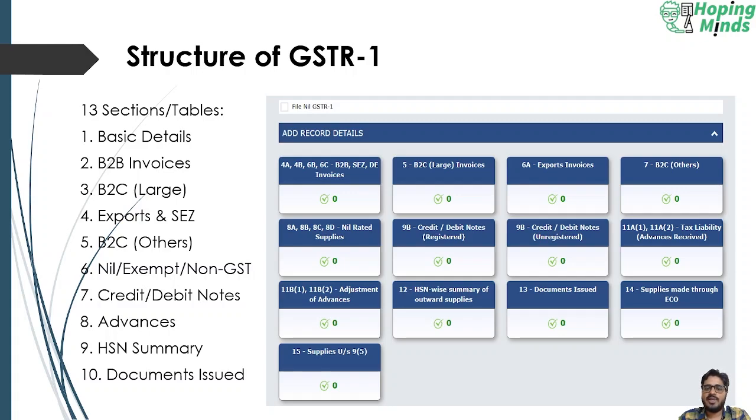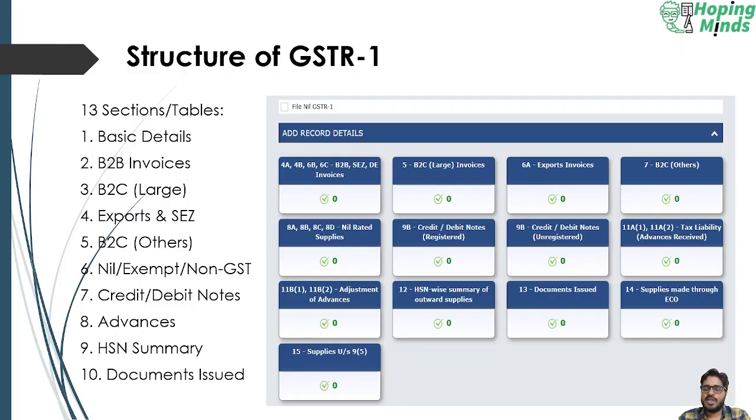Table 9 contains debit notes and credit notes in respect of registered taxable person, whereas table 10 contains credit notes and debit notes in respect of unregistered taxable person. Then tables 11A and 11B contain advance received and advance adjusted. Table 12 contains HSN summary of outward supplies and table 13 contains documents issued like tax invoices, receipt vouchers, payment vouchers, etc.